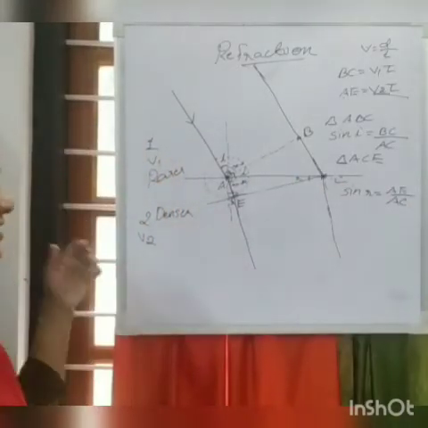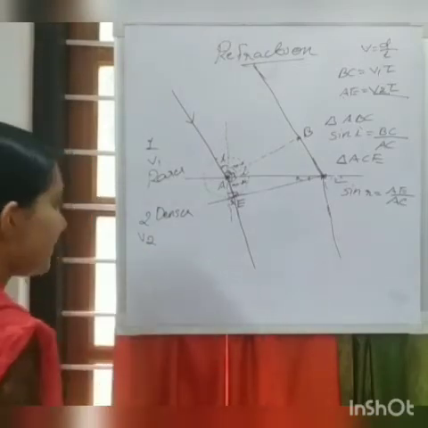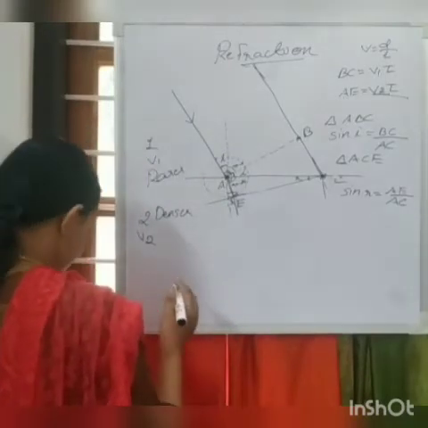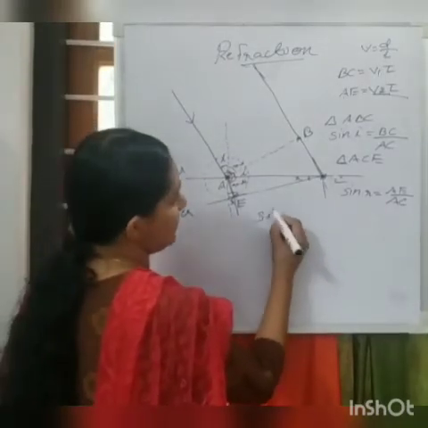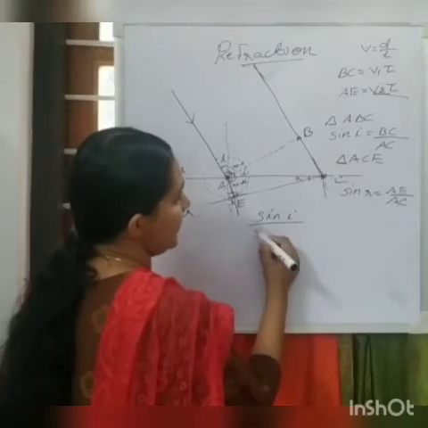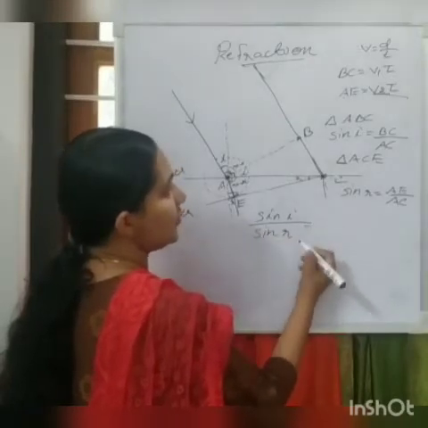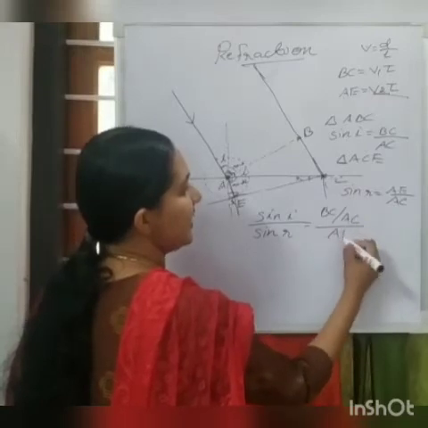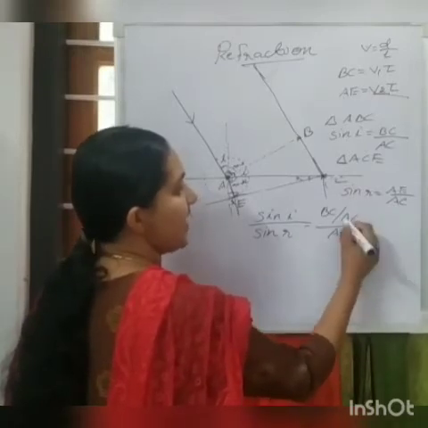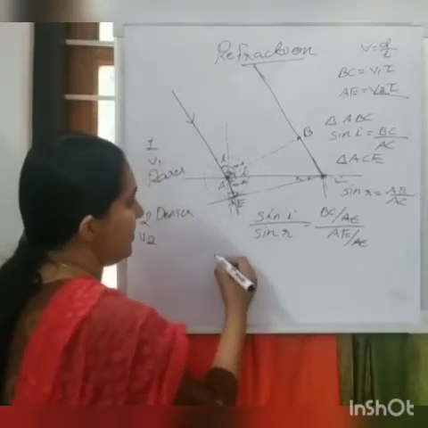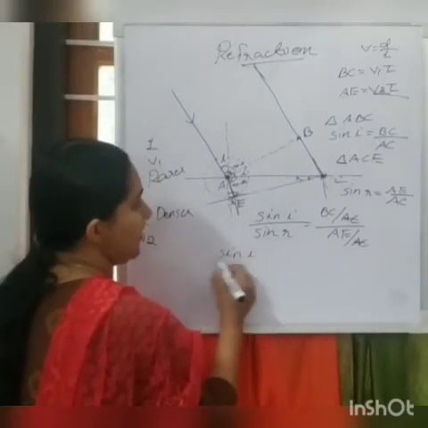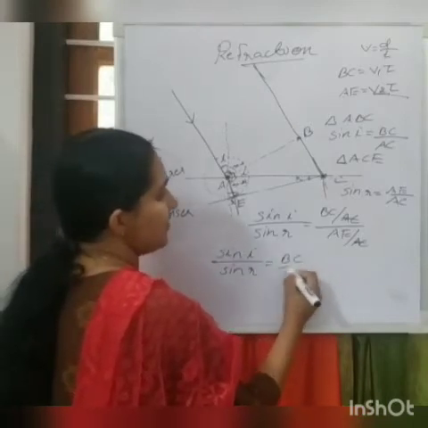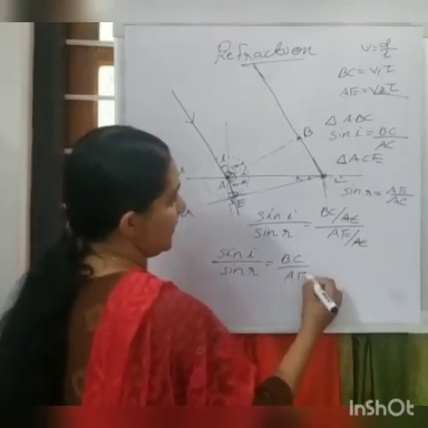Okay, now we can take the ratio between sin I and sin R. Sin I divided by sin R equals BC by AC divided by AE by AC. AC and AC will cancel. So sin I by sin R equals BC by AE.